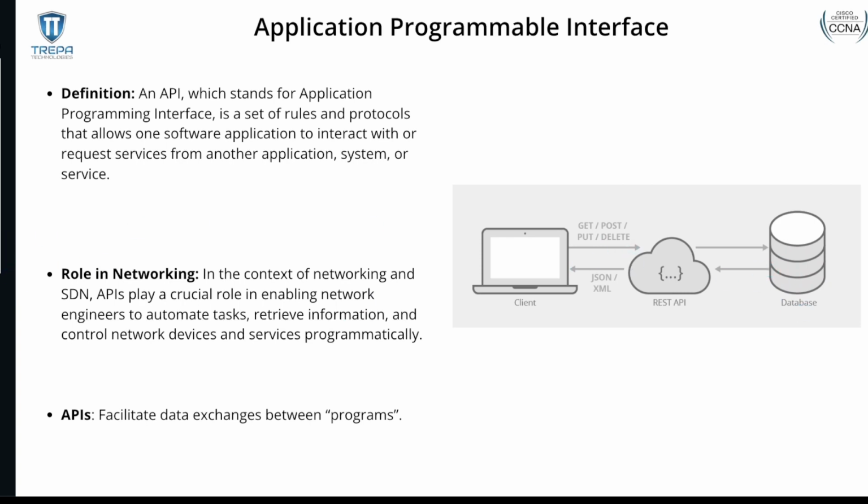So APIs define how different software components should communicate. Even here, between our database and maybe the front end of our website, we have APIs. So what's the role of an API in networking? In the context of networking and software-defined networking, APIs play a crucial role in enabling network engineers to automate tasks, retrieve information in a structured format, we'll get into that with JSON and XML, and control network devices and services programmatically.